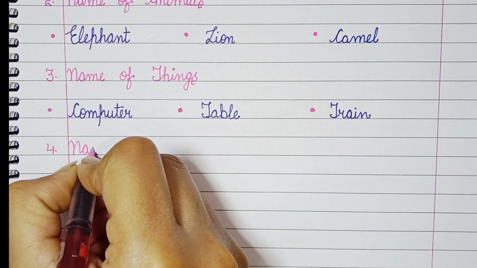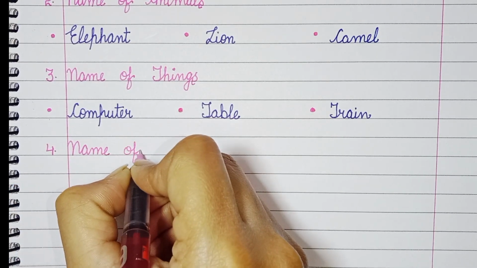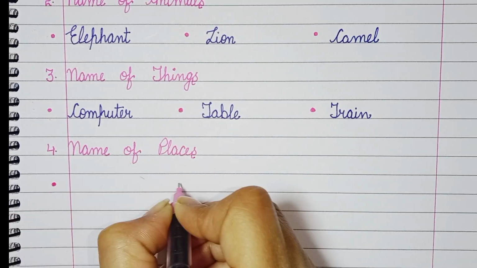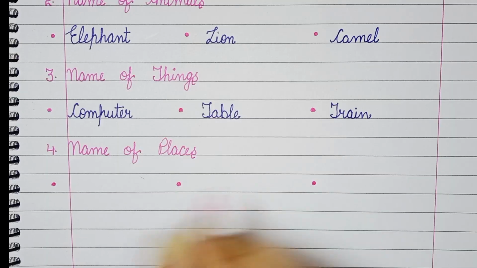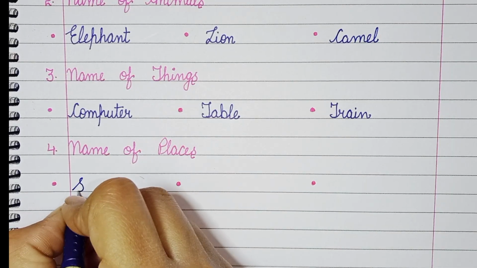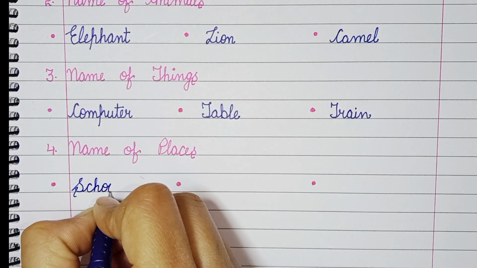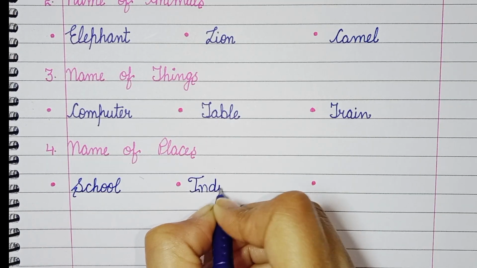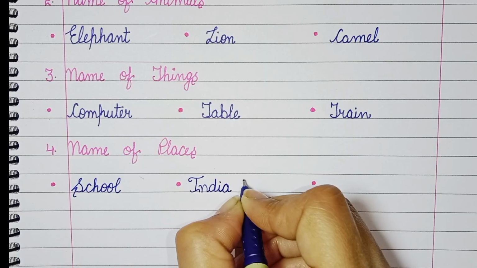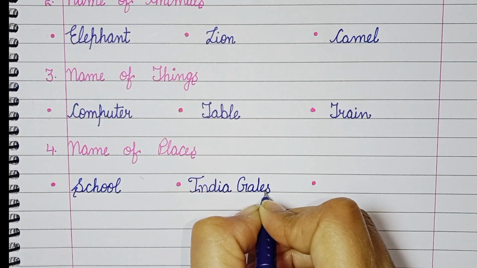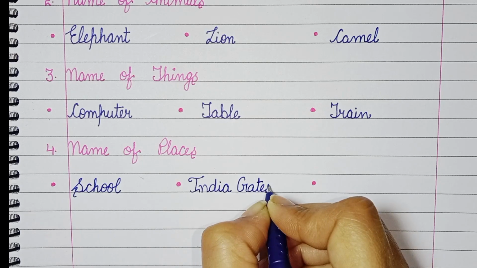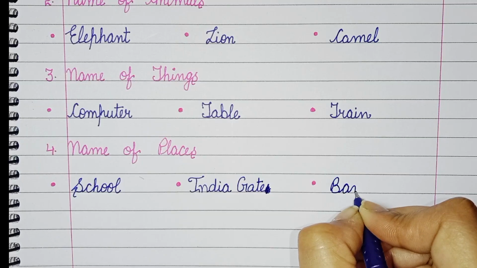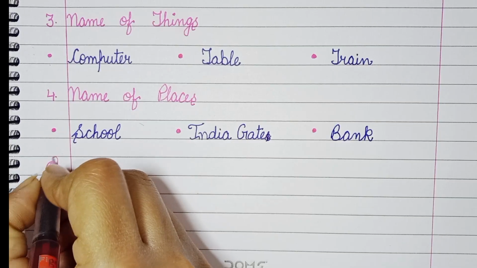Fourth one is name of places. School, India Gate, bank.